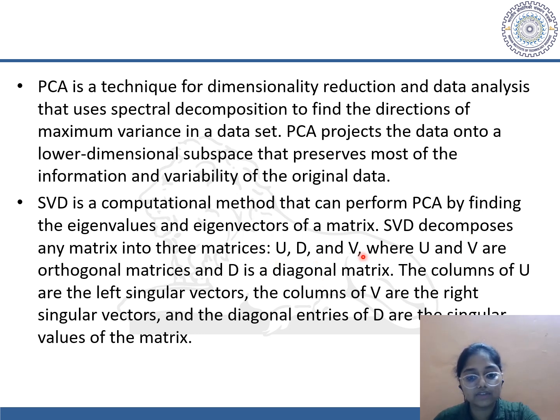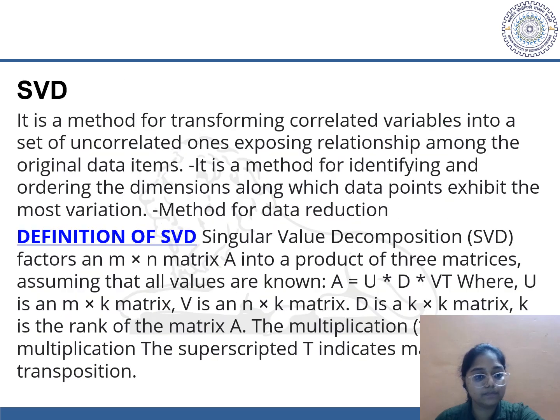So here the matrices are U, D, V, where D is a diagonal matrix and U and V are orthogonal matrices. The columns of U are the left singular vectors, the columns of V are the right singular vectors, and the diagonal entries of D are the singular values of the matrix. So that's that. Like I said, SVD is also a method for data reduction.